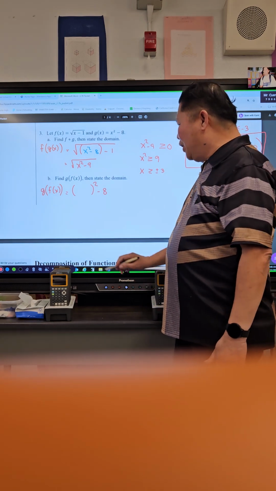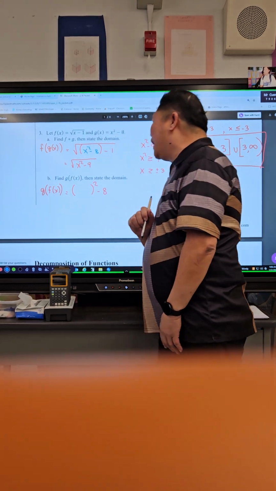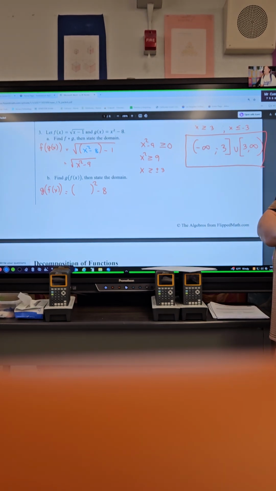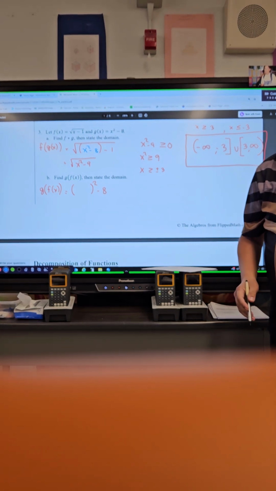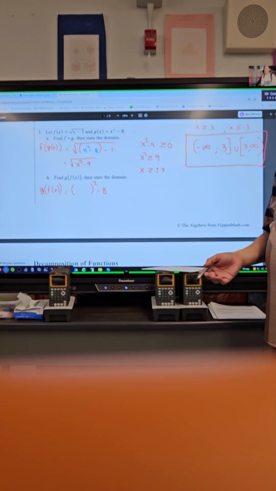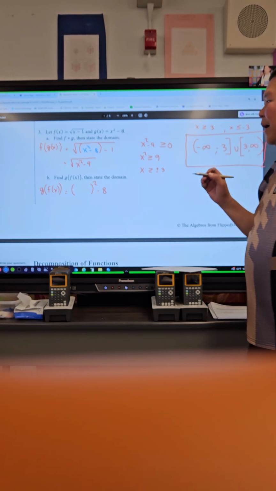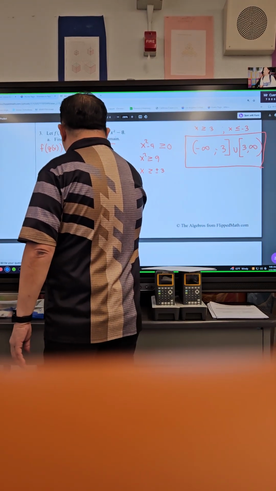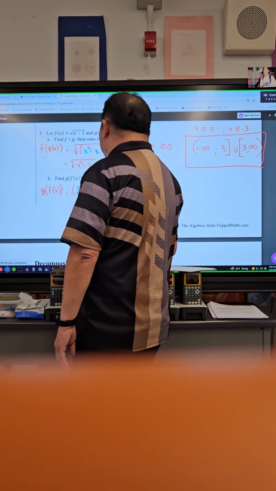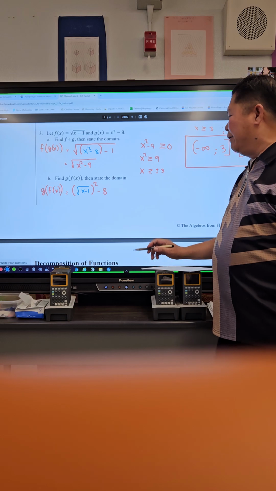So what will be written inside the parentheses? The f. What is f of x? Square root of x minus 1. Very good. So, square root of x minus 1. What do you notice now?